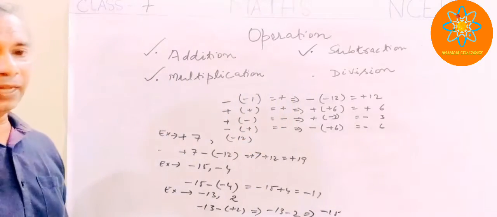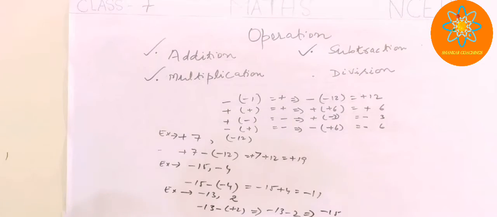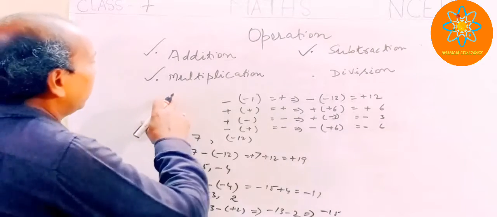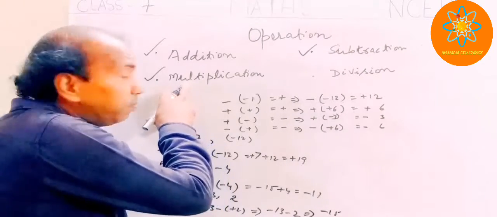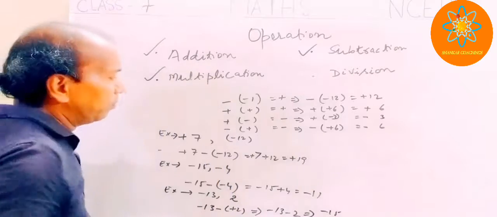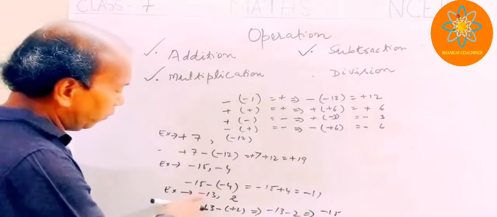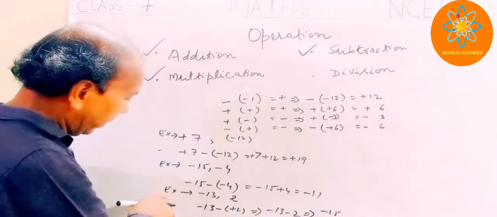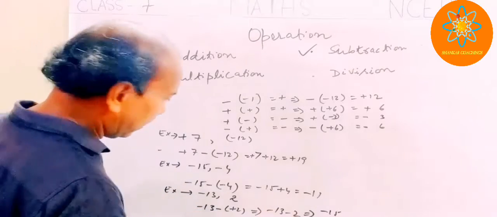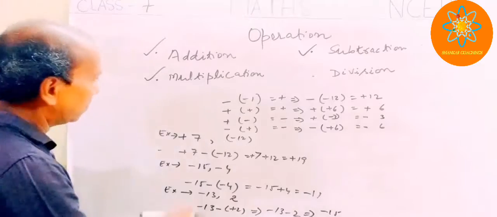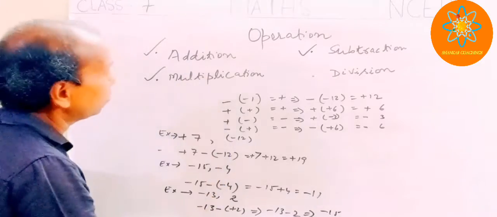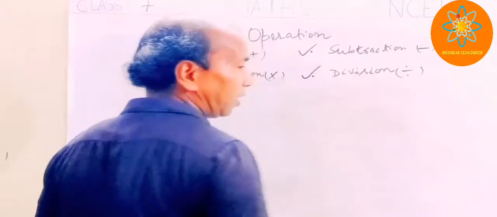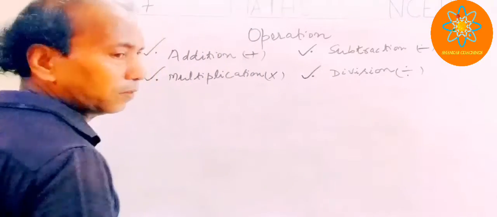So in brief, for subtraction you must know the concept of multiplication and the concept of addition. I have given 3 examples, and in one example I discussed in detail how the concepts of multiplication and addition are used for subtraction.